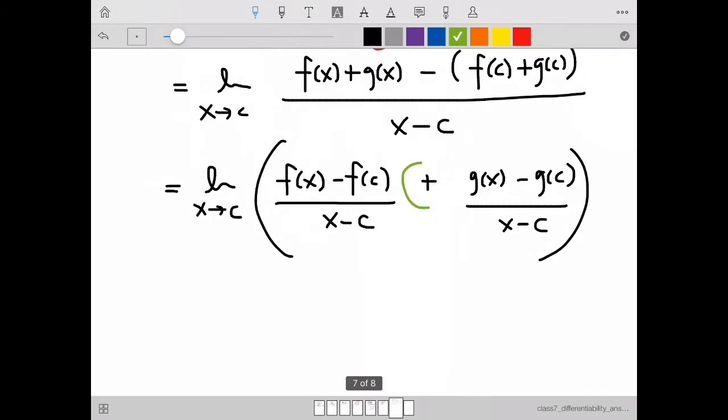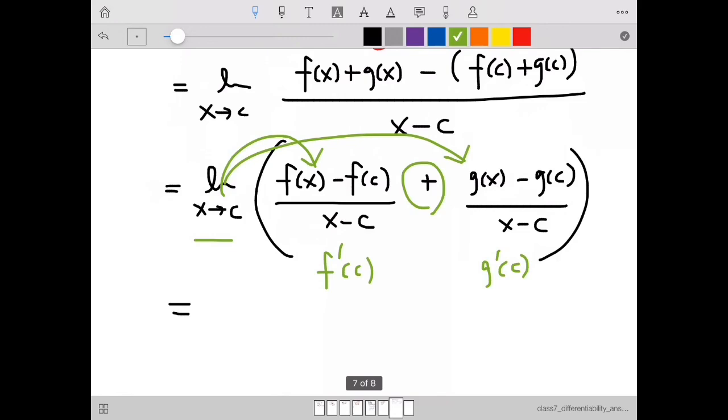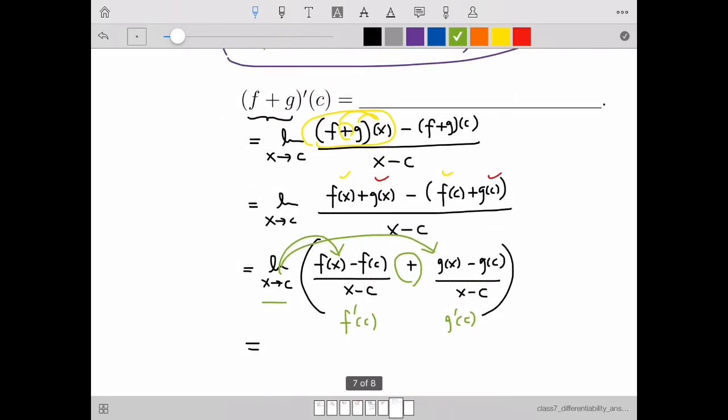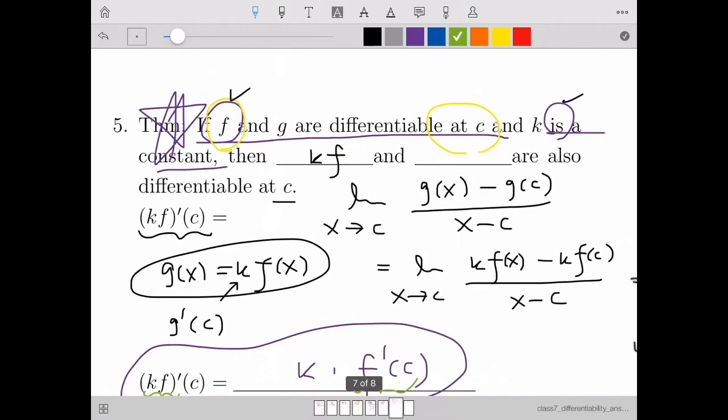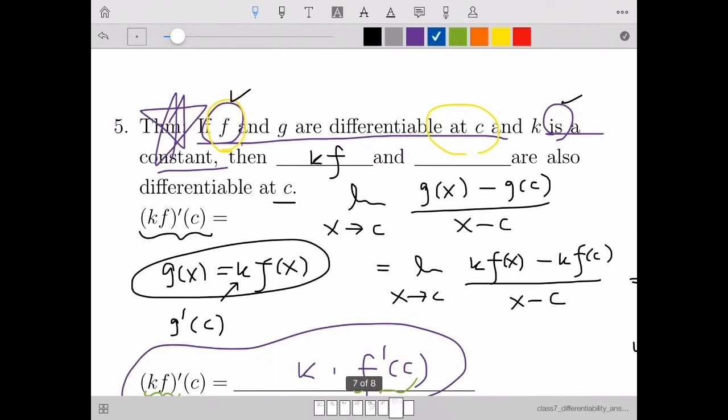So I have a limit of the sum. Can I apply the limit law? Yes, I can do that, because each limit exists. The first one is f prime of c and the second one is g prime of c, because our assumption was that f and g are differentiable at c. That means I have f prime of c, a definite number, and g prime of c, a definite number, right?